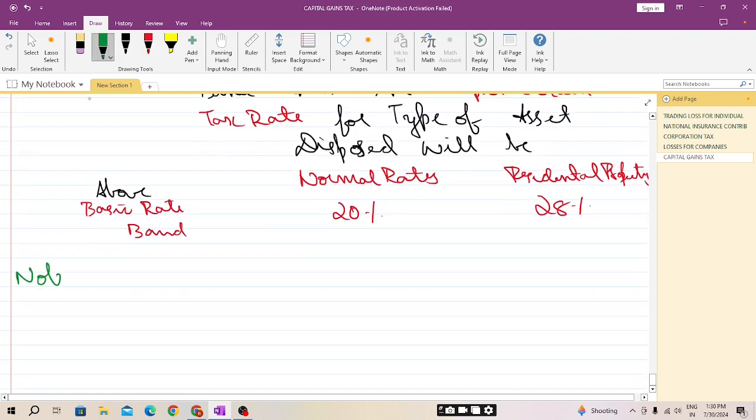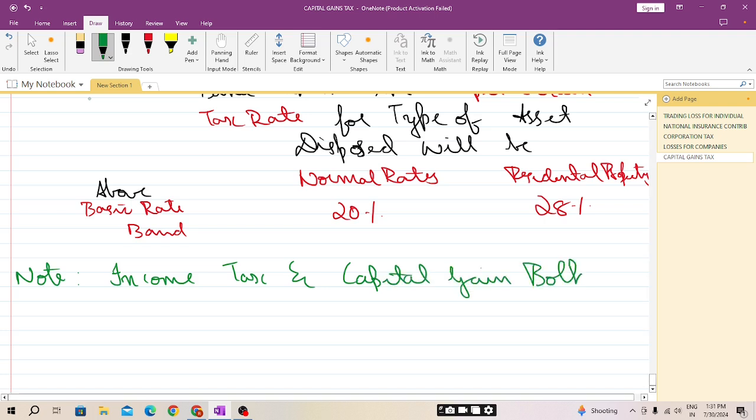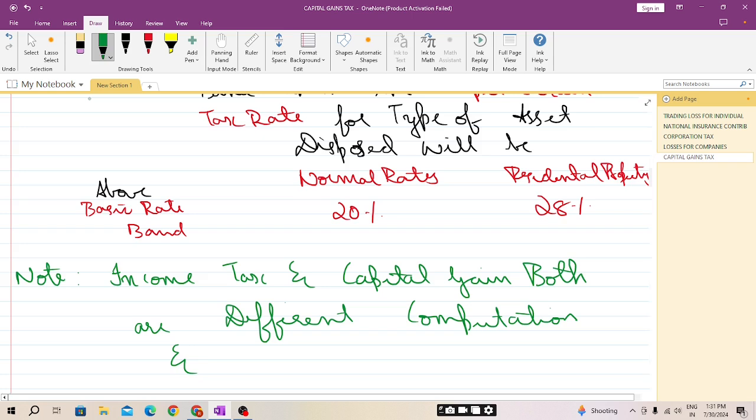An important note is that income tax and capital gain tax are different computations and should not be combined. I hope this is clear, students.